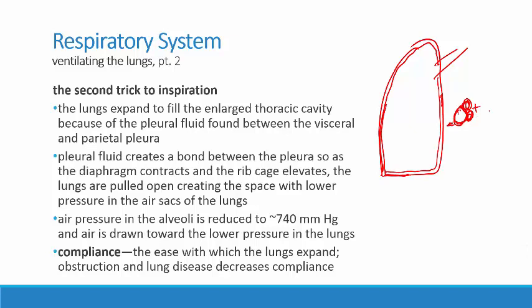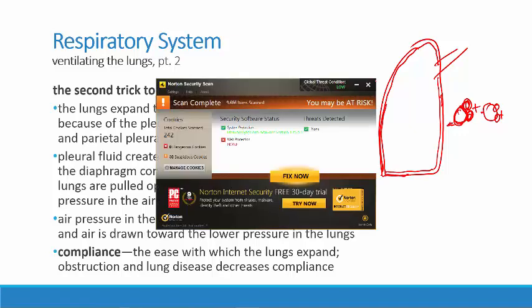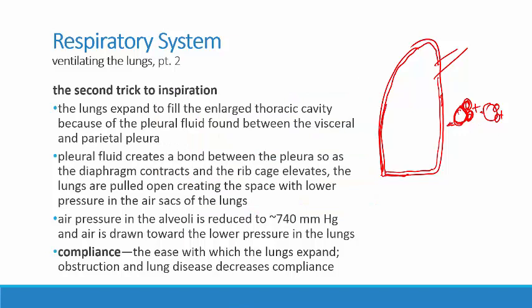And so if we've just got a few molecules of water that are separating the two pleura, then there is enough electrical attraction between these molecules that the visceral pleura and the parietal pleura wind up being bonded together by the surface area of all of those membranes.